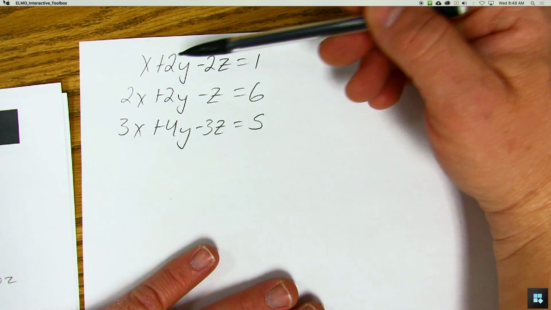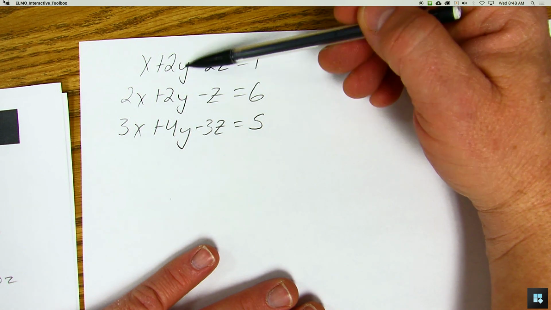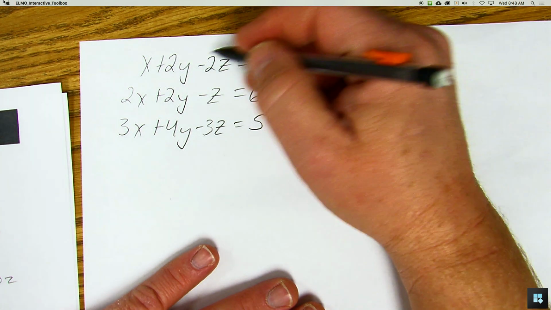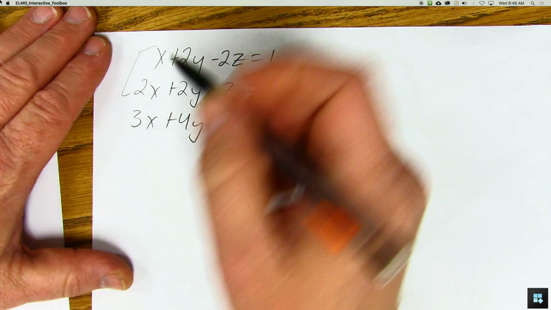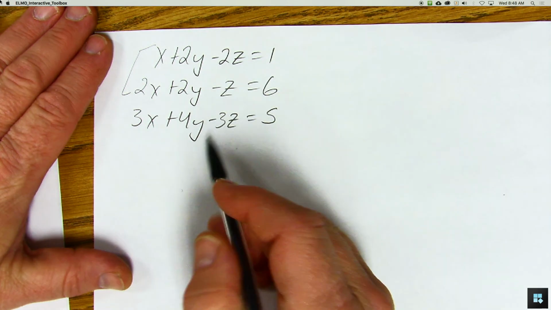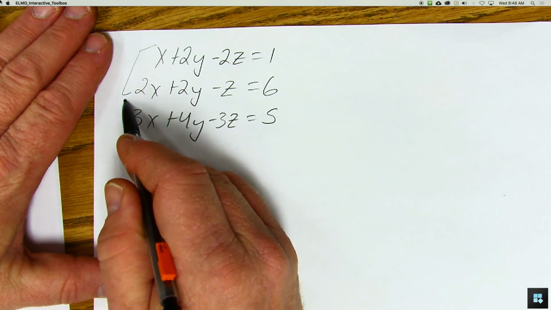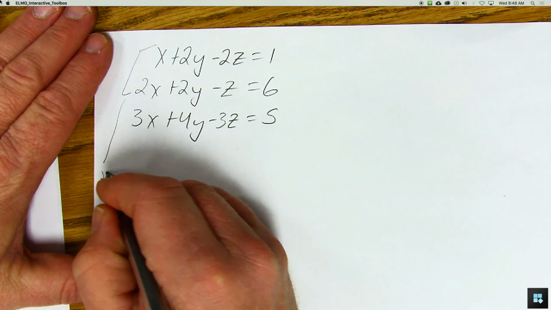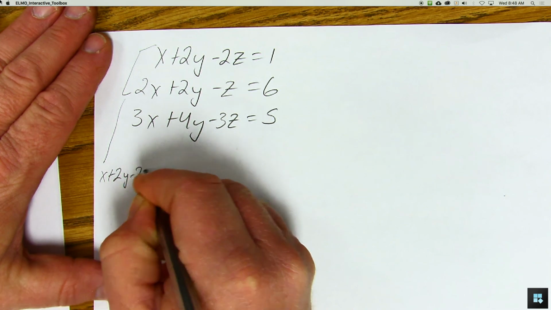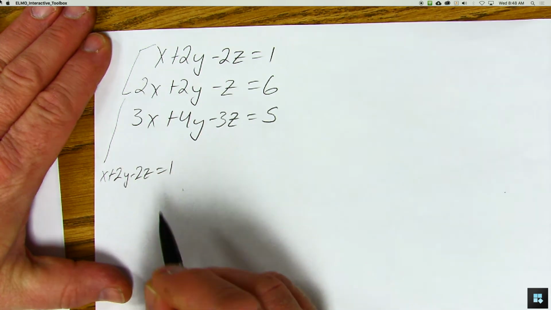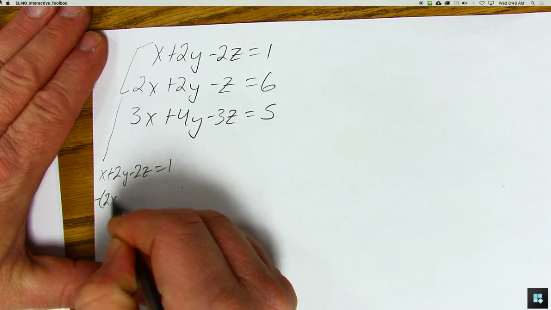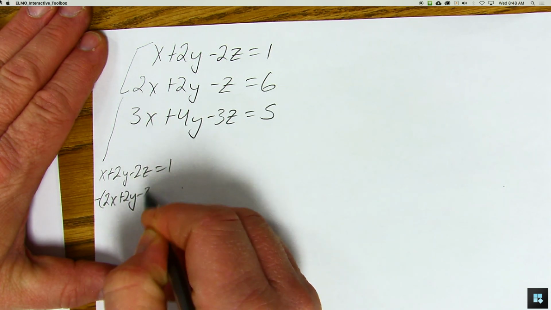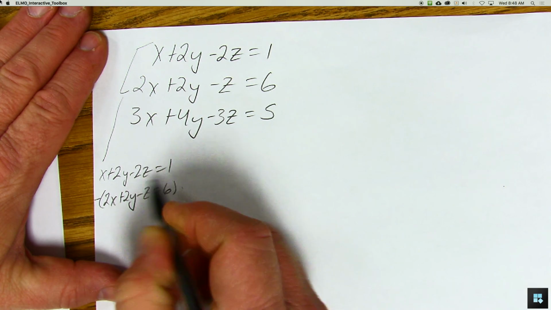To me, it looks like it'd be very easy if I subtracted these 2 together. So if I took these 2, and I probably should have put that in the middle. It would have been easier to show you the diamond here. But if I bring those right down here, and I take x plus 2y minus 2z equals 1, and I subtract 2x plus 2y minus z equals 6.